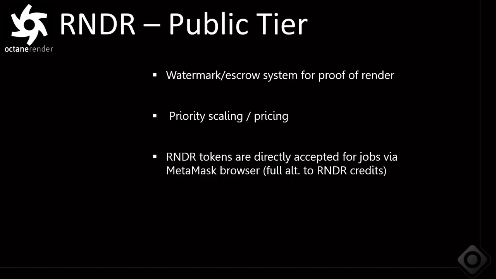But on the public tier, you do have a couple of things that are different from both Orc and the enterprise tier. For one, because anybody can add their node to the network, we have no idea necessarily who that is. There is a watermark that's generated on those renders, and there's an escrow system for tokens to be exchanged. We also had the ability to do essentially what we wanted to do on Orc on the public cloud for years, which is to be able to leverage things like spot instance pricing and other things, but there's never enough capacity.